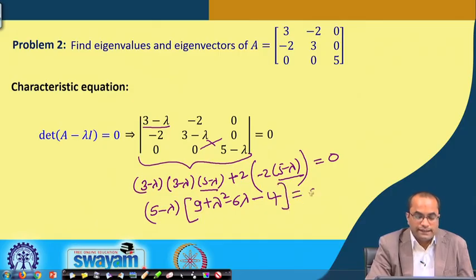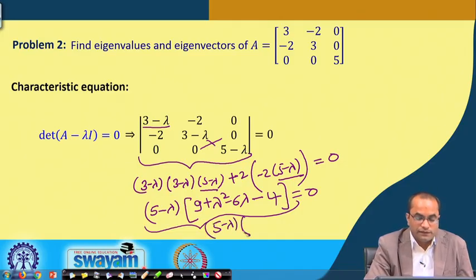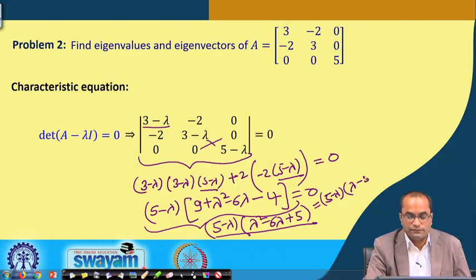So, this is the characteristic equation, and again we can factorize the second term. So, here 5 minus lambda, and this is lambda square minus 6 lambda plus 5. So, we got this factor 5 minus lambda, and then lambda minus 5 and lambda minus 1, is equal to 0.